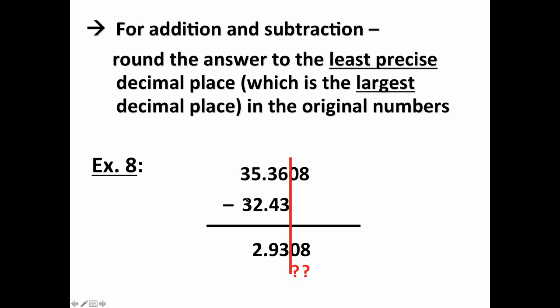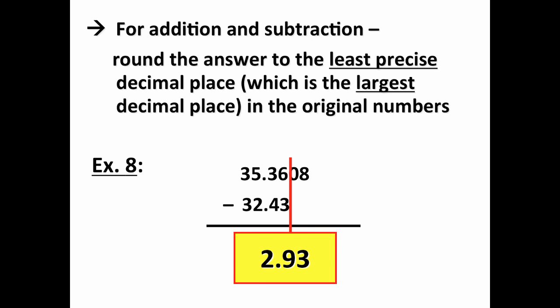So we're going to have to round this off to the hundredths place. And again, we round, not truncate, but we get 2.93. And notice we had a 6-digit number minus a 4-digit number. It ends up rounding off to a 3-digit number, 3 significant figures. So the number of significant figures doesn't matter, it's the place. We know this to the hundredths place.